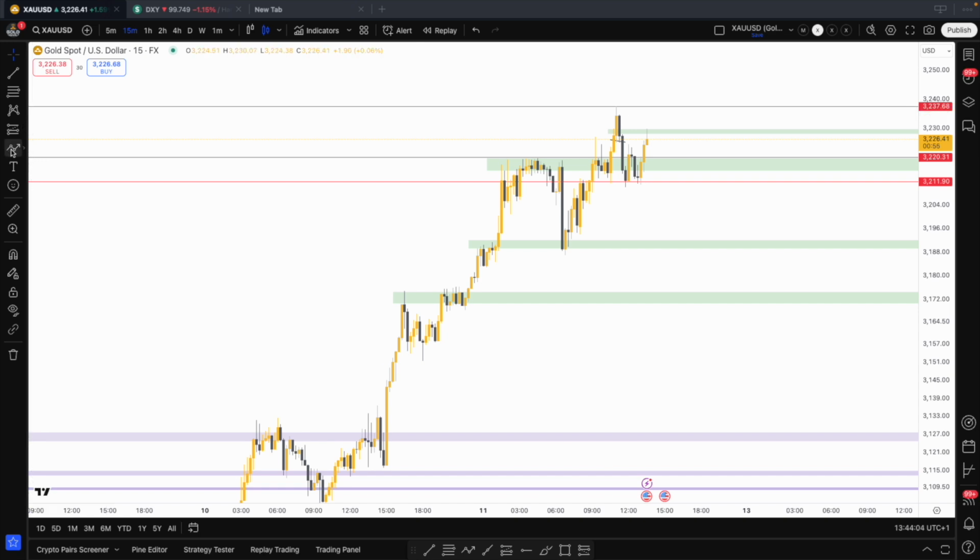If we see price break above this level here and break the previous all-time high, price will most likely continue. If we see price break through this lower level of support that we can see here, price will most likely continue bearish, testing either one of these two levels here and here. So that's pretty much it for our end of week technical analysis video. We had a bearish start to the week.